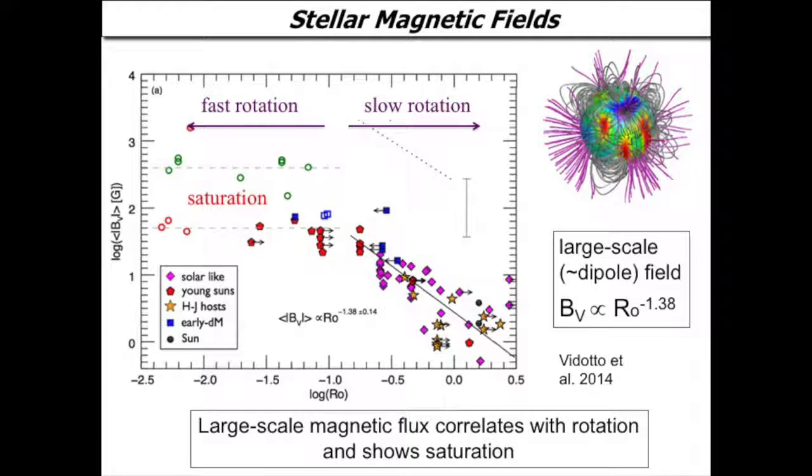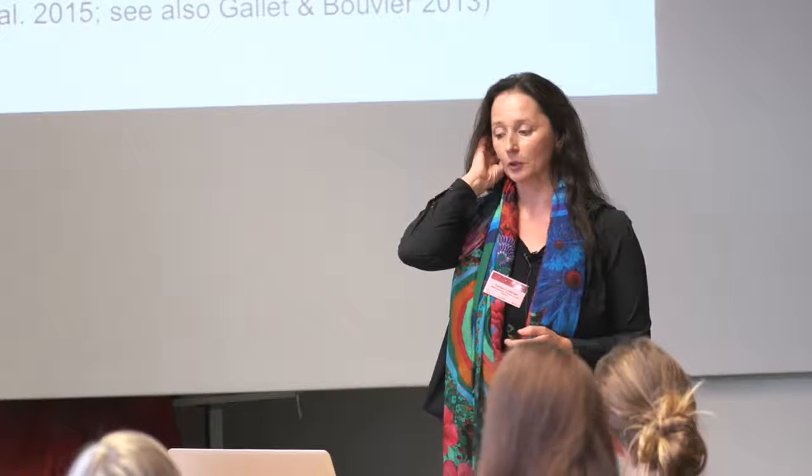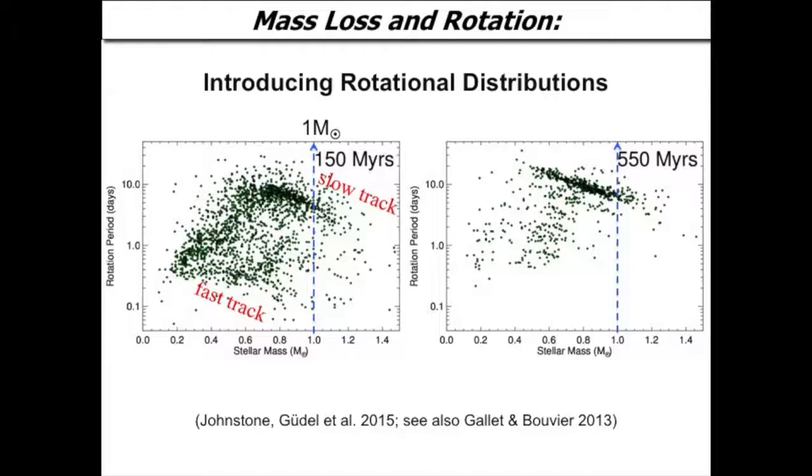So if you want to address that in a better statistical way, and that is work that was done by Colin Johnston in our group, we can plot, for example, stars with different stellar masses and rotational period, plotted in days here.